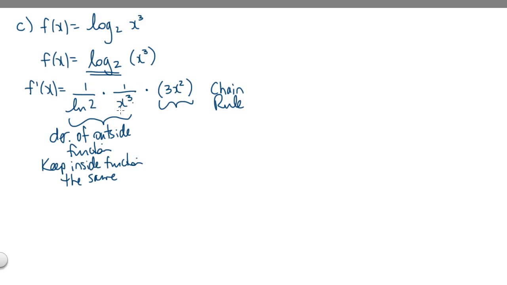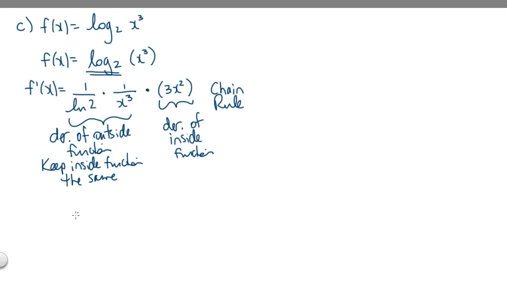Keeping the inside function the same here, we get an x cubed in the denominator, and then the rest of the chain rule says multiply by the derivative of the inside function. And this is the general pattern that we'll run into when we use the chain rule to differentiate logarithmic functions.